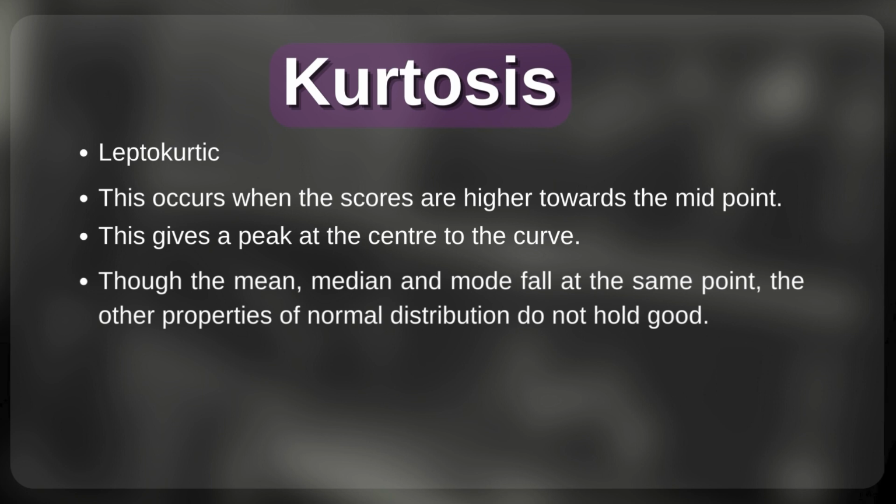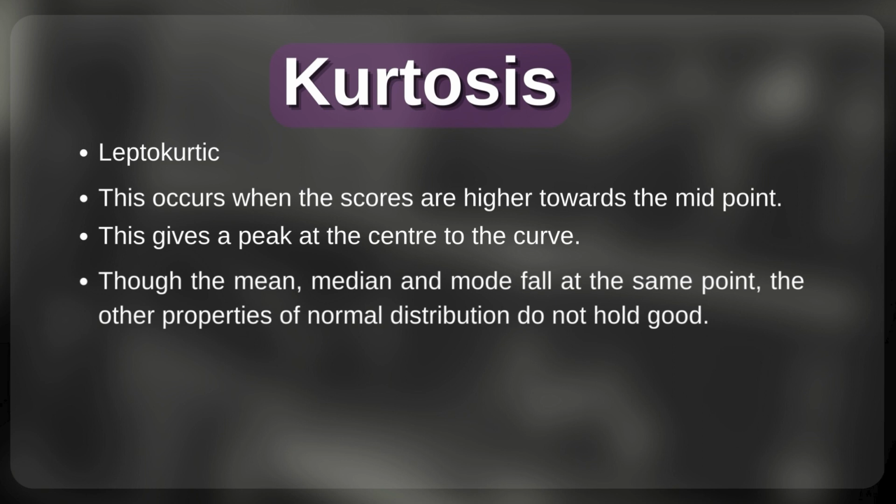Now why is it being said so? Because over here the scores are higher towards the midpoint, and that is why there is more chance that the mean, median and mode fall at the same point, but the other properties, that is, a symmetrical bell shape and others, are not followed in leptokurtosis, and that is why it is not a normal distribution curve.